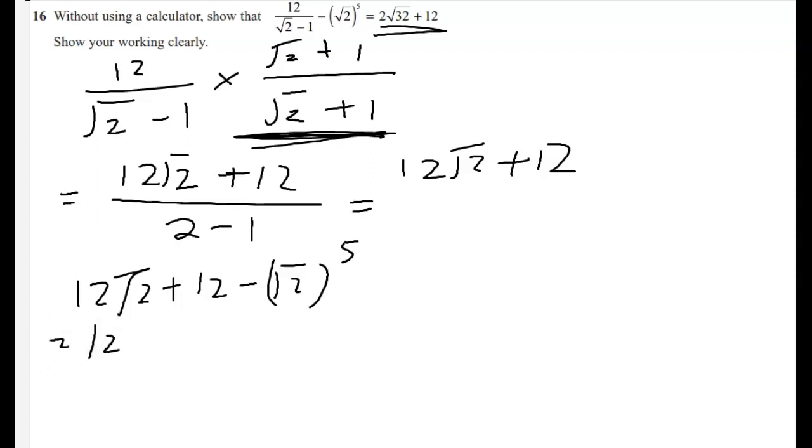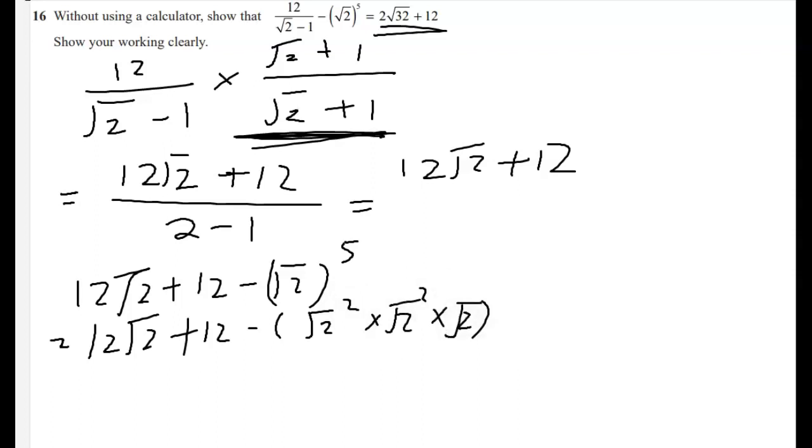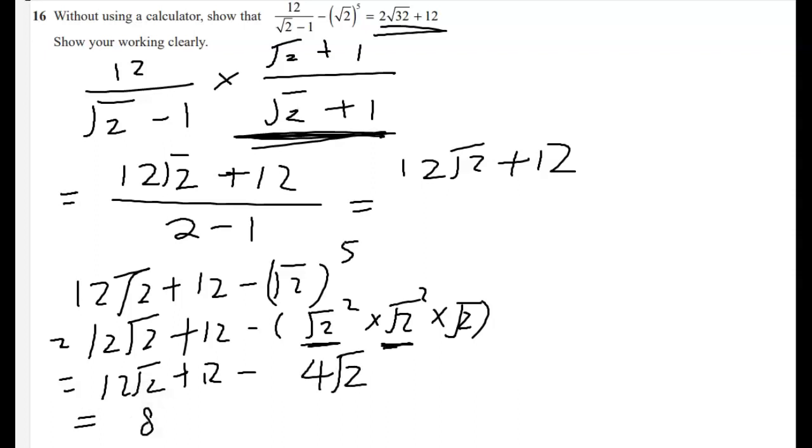If I explain it directly without using a calculator, I can think of it as root 2 squared multiplied by root 2 squared multiplied by root 2. Here, continue copying the same thing. But actually, this would be 2, this would be 2, so that's 4 root 2. And eventually, I can do the calculation.